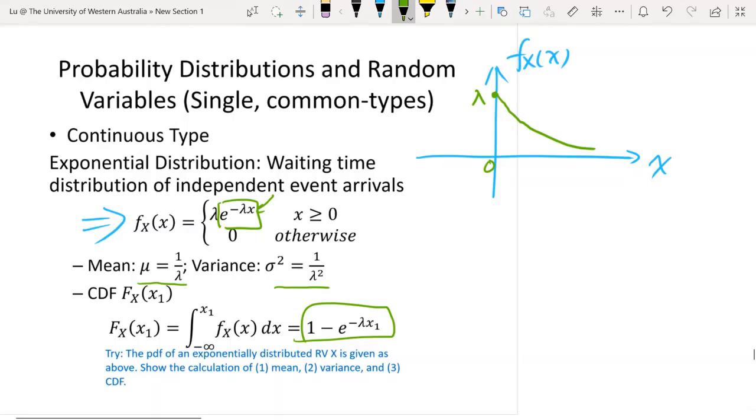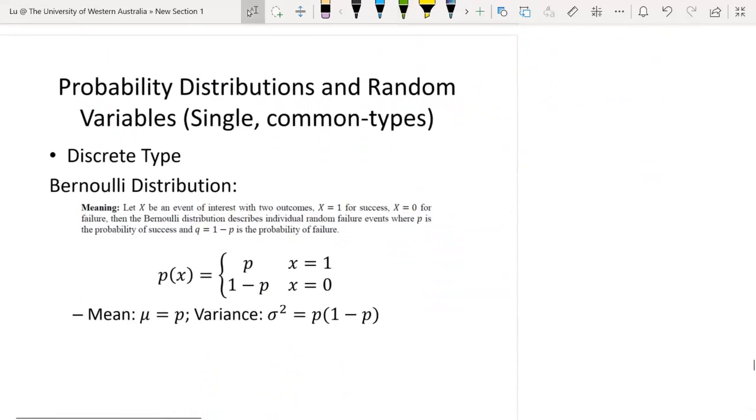Okay. Now let's move on to the next part, the three discrete distributions, or the distributions for discrete type random variables. The first one is the Bernoulli distribution. Let's use X to denote an event of interest with two outcomes.